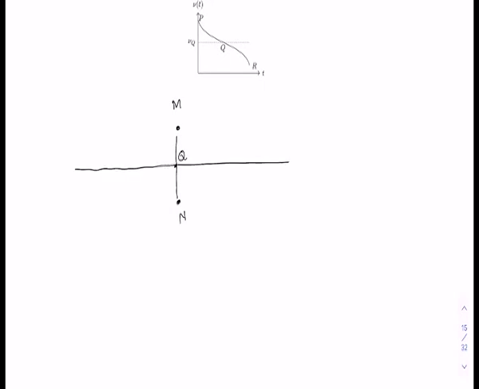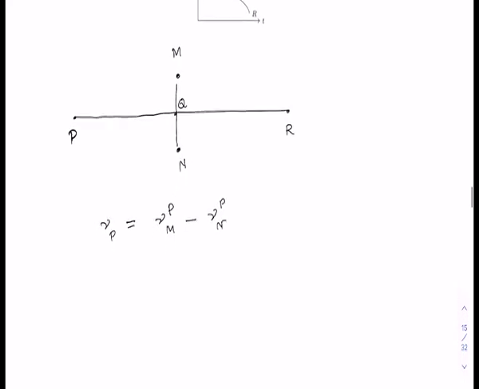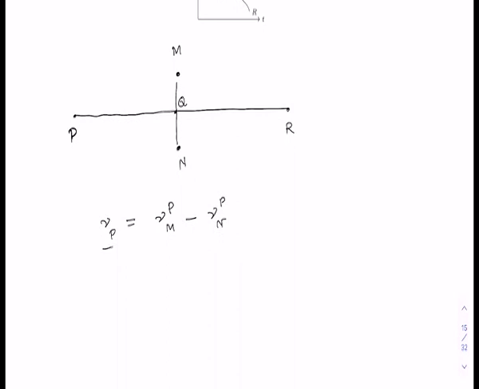This is the midpoint, and the car starts at the point P and ultimately reaches this point R. First of all, we have to find out the beat frequency at the point P. That is basically the difference between the frequency measured at the point P coming from the loudspeaker at M and the frequency from the other loudspeaker, both measured at the point P. This is what we have to work out to find the beat frequency at the location P.